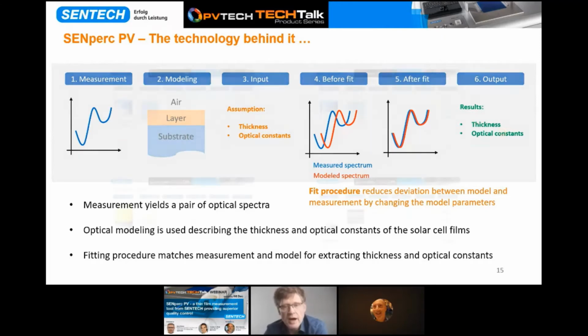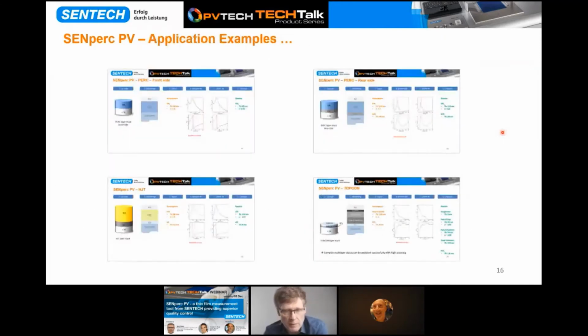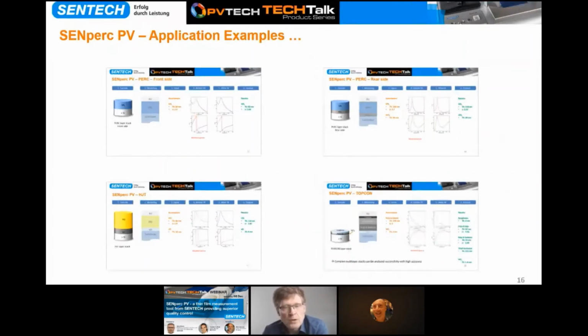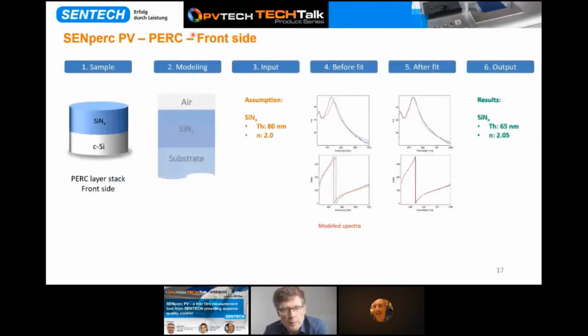And here I have prepared a couple of examples. Starting with a PERC cell, we find here an application for the front side where we have a simple single silicon nitride film on crystalline silicon. So our model is now describing a silicon nitride on the silicon substrate with a thickness of 80 nanometers and a refractive index of 2.0.